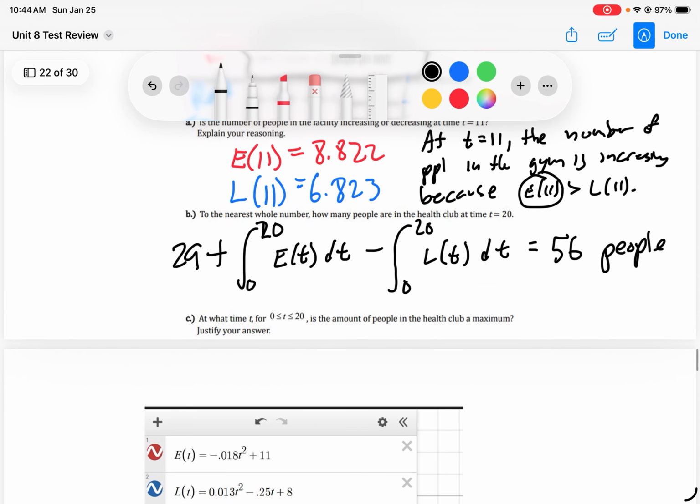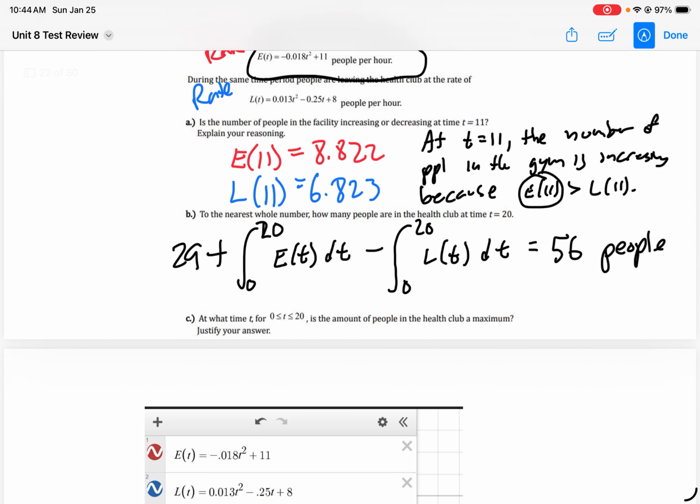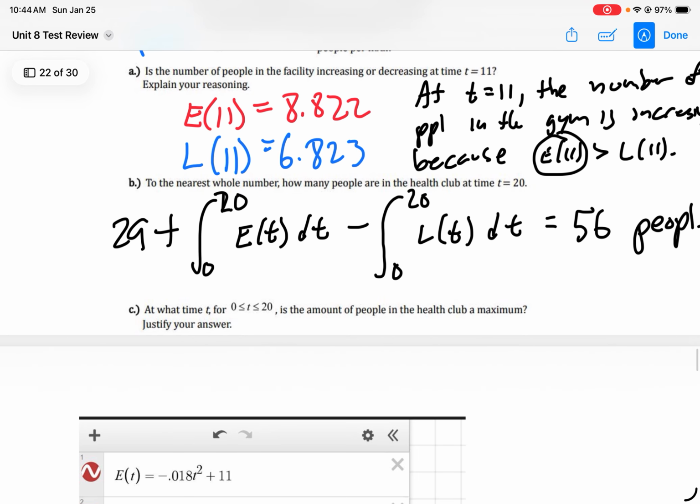Okay. At what time is the amount of people in the health club a maximum? Justify your answer. All right, hopefully by now you're realizing anytime they ask you a maximum or a highest or a greatest or the most or the least, if they have one of those phrases that mean the absolute max or min, this is a candidates test question.